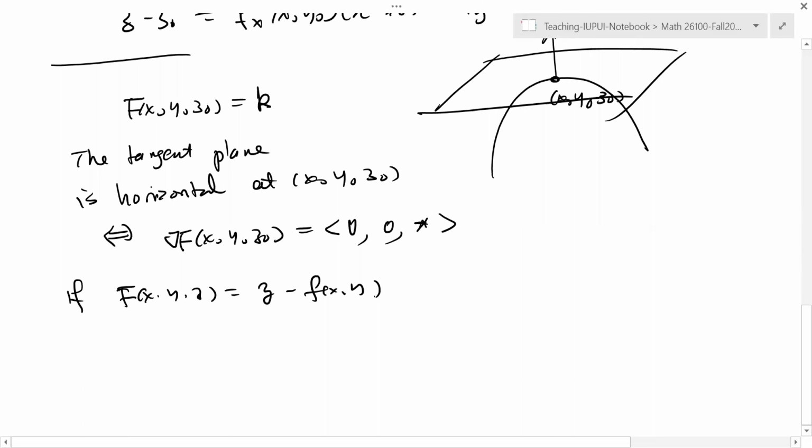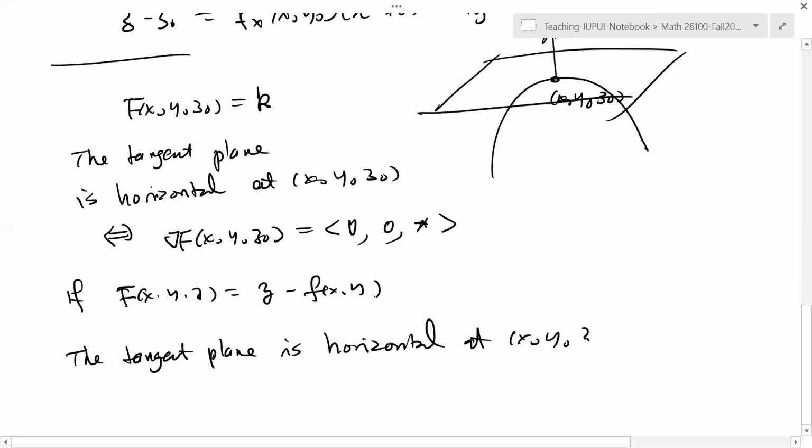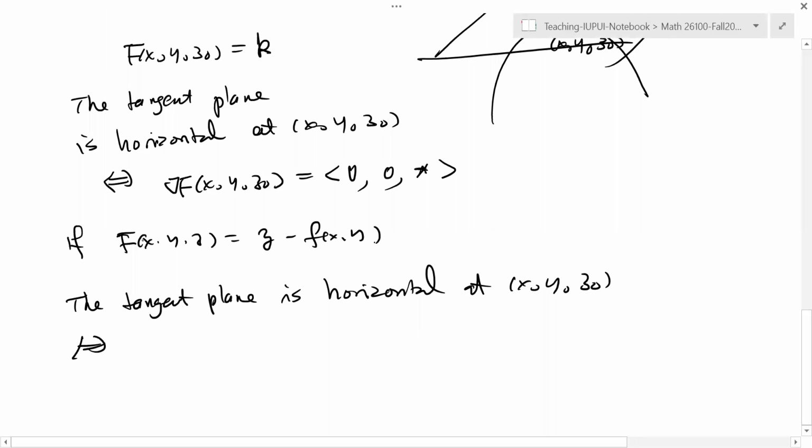Then the above formula says that the tangent plane is horizontal at that point if and only if the first two components are 0. The gradient of this capital F, the first component is the negative partial derivative, so that's going to be 0. That is also going to be 0, the second component.